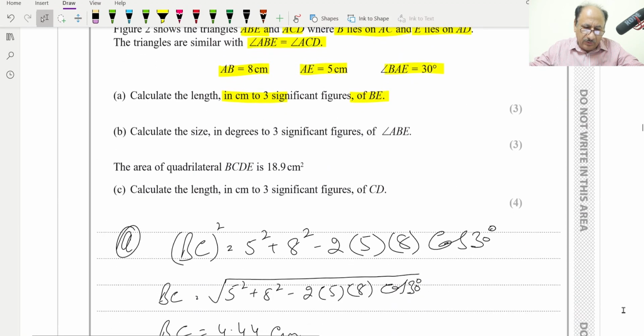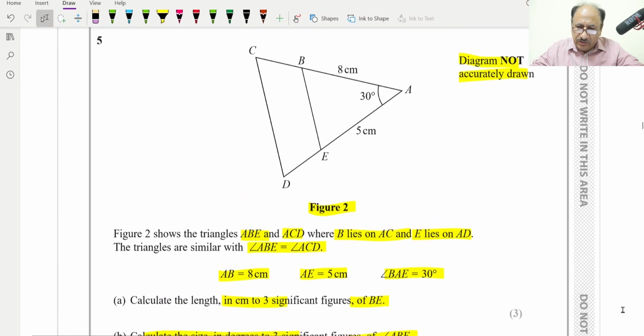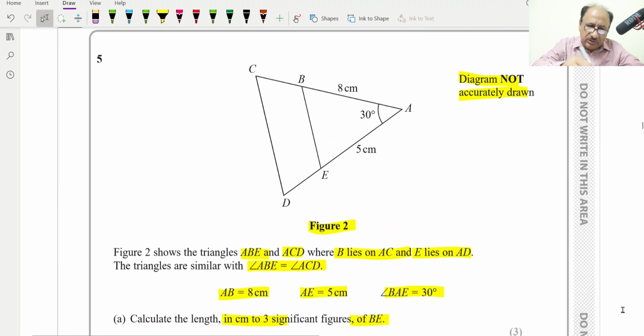Then for part B, they are saying calculate the size in degrees, to three significant figures, of angle ABE. ABE is this angle, so we have to calculate this angle. We can use the side opposite this angle, and we have calculated this side, 4.44, so we can use this one and this one.